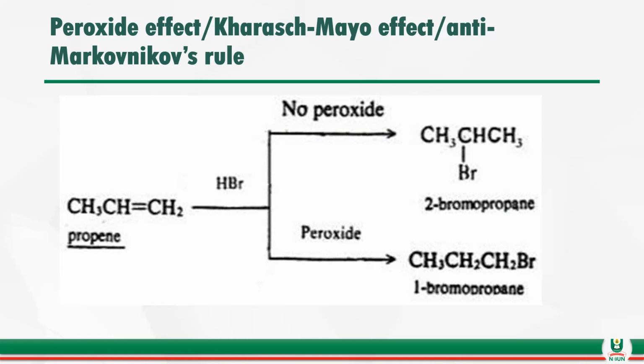However, in the presence of a peroxide, this is a peroxide, it is the opposite of what happened here. So this Br now will move to this position, and then one hydrogen here will come to this position. And that is what we have here. So in the presence of peroxide, this is the product you are going to have. In the absence of peroxide, this is the product you are going to have.